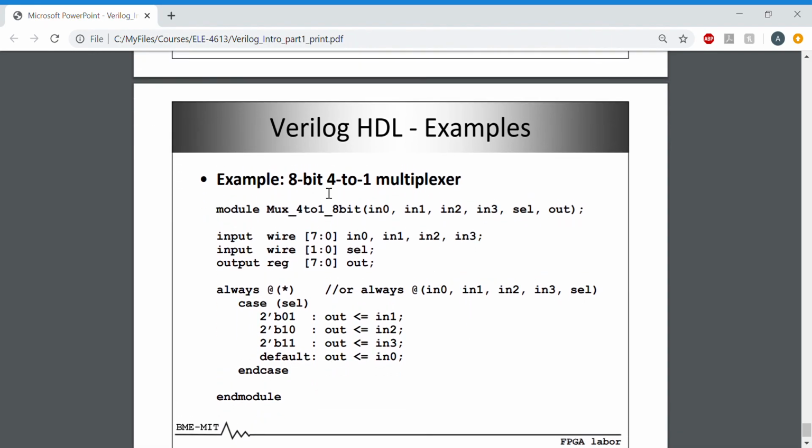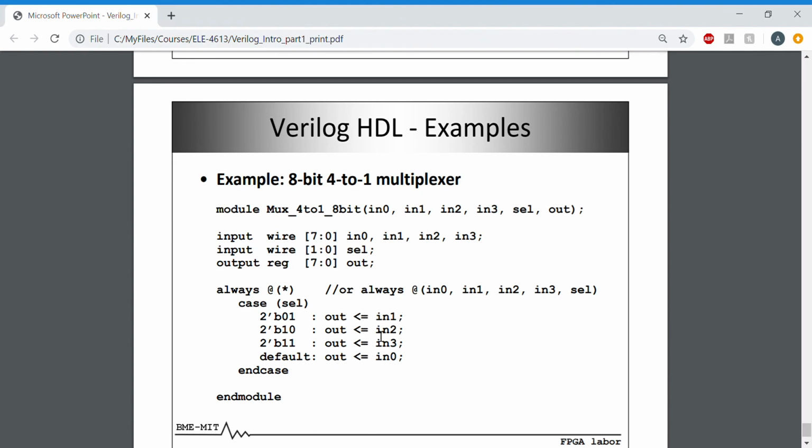Now we are doing an 8-bit 4-to-1 multiplexer with 2-bit selection. What does it mean? It means we have 4 inputs. In this case, we are using the default statement. This is what I was talking about. So here, if it is 0,1, then send in1 to out.